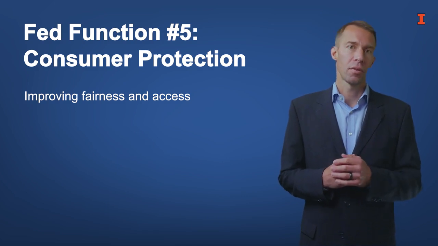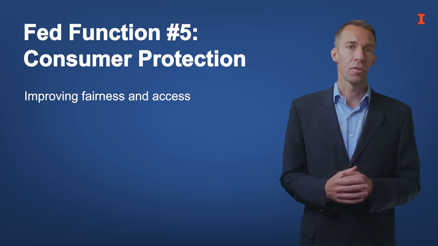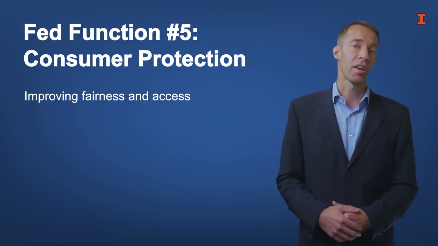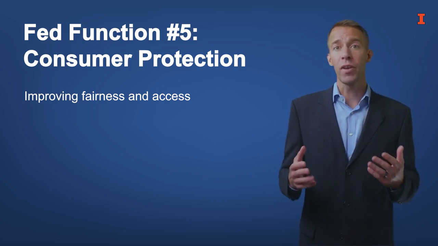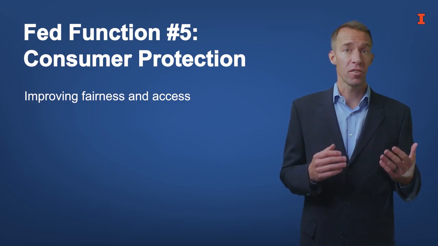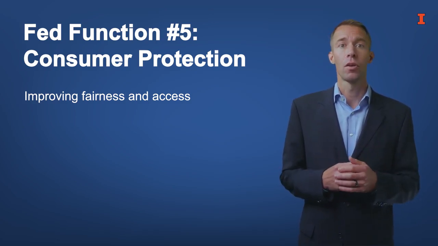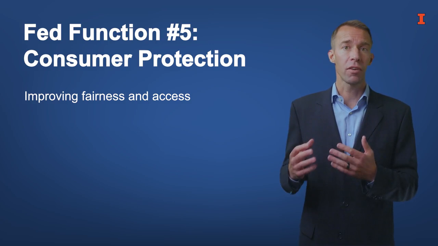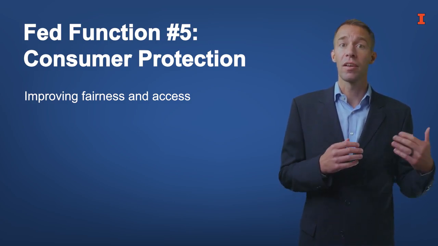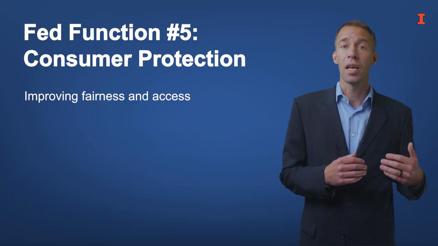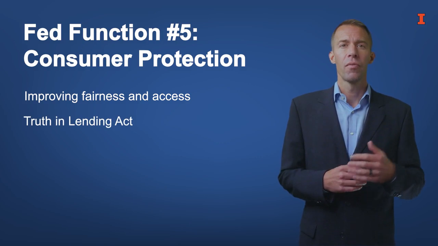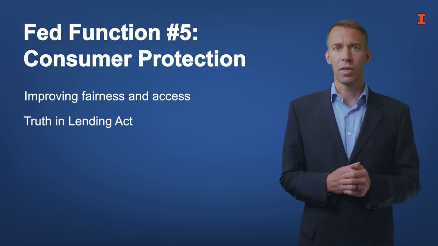The fifth key function of the Federal Reserve is promoting consumer protection and community development. Improving access to affordable financial products provides financial stability for families. To this end, the Federal Reserve implements various consumer protection, fair lending, fair housing, and community reinvestment laws. We mentioned the Truth in Lending Act earlier.